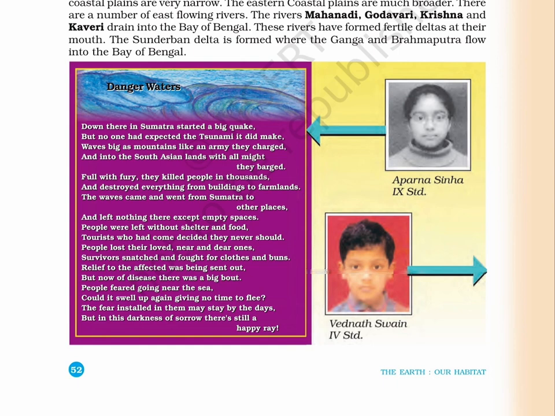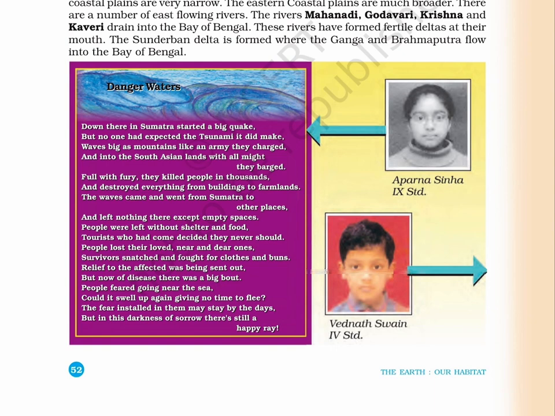People were left without shelter and food. Tourists who had come decided they never should. People lost their loved, near and dear ones. Survivors snatched and fought for clothes and buns. Relief to the affected was being sent out, but now of disease there was a big bout. People feared going near the sea.